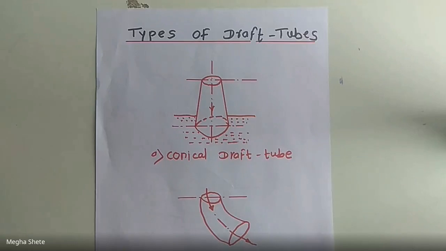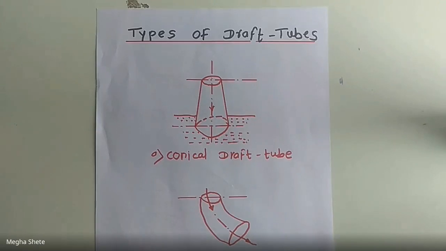If a reaction turbine is not fitted with a draft tube, the pressure at the outlet of the runner will be equal to the atmospheric pressure. And the net head on the turbine will be less than that of the reaction turbine fitted with a draft tube.